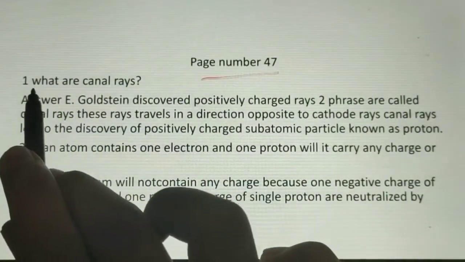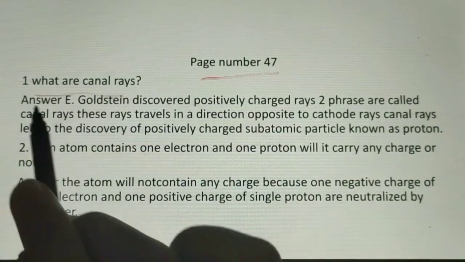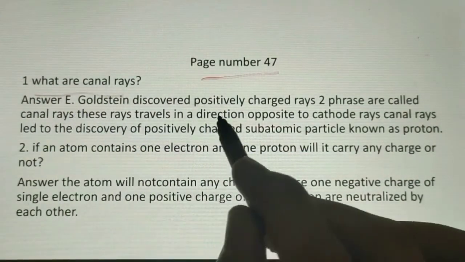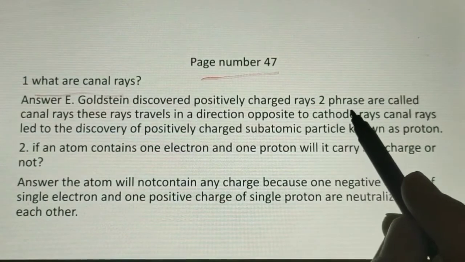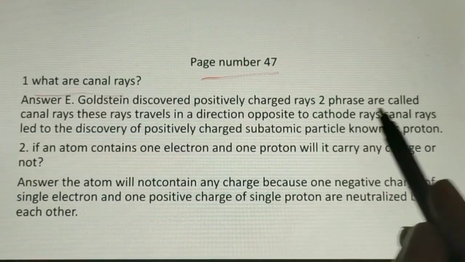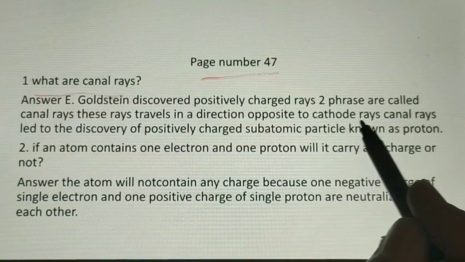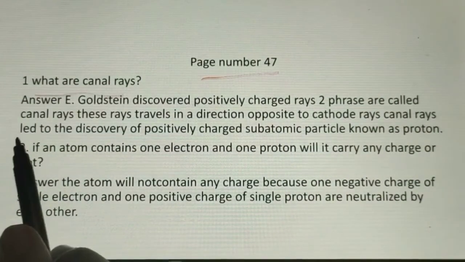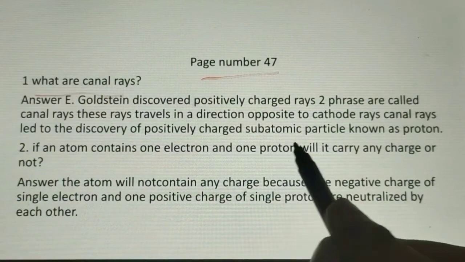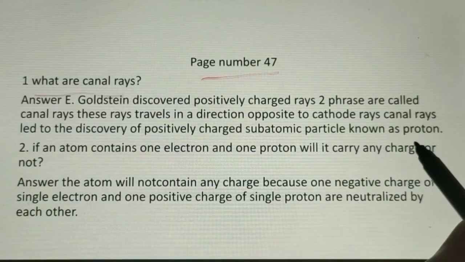The first question is, what are canal rays? The answer is, E. Goldstein discovered positively charged rays. These rays are called canal rays. They travel in a direction opposite to cathode rays. Canal rays led to the discovery of positively charged subatomic particles known as protons.